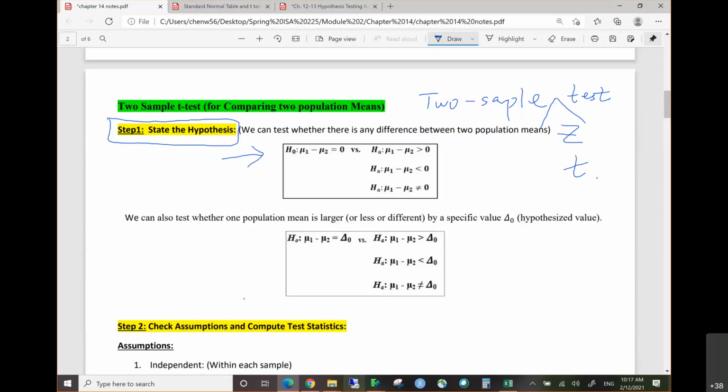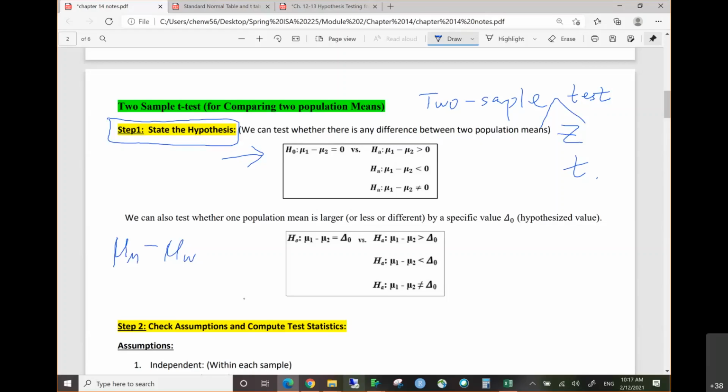But what if I not only want to compare these 2 population means, I also want to test whether one population mean is larger than the other one by some specific value. For example, I want to test whether the weight of men is larger than women by 10 pounds on average.